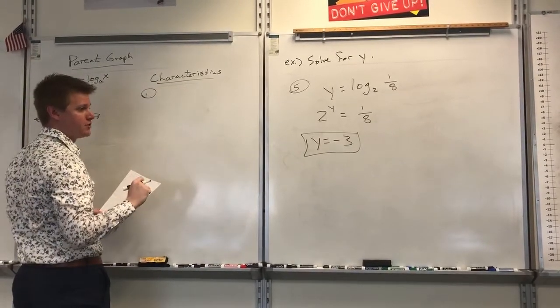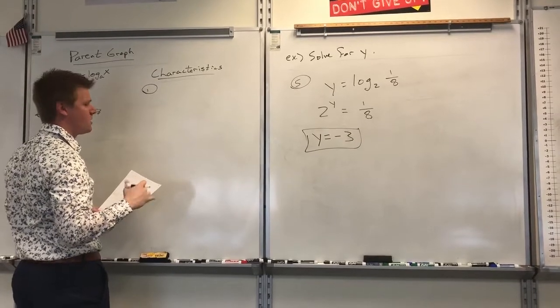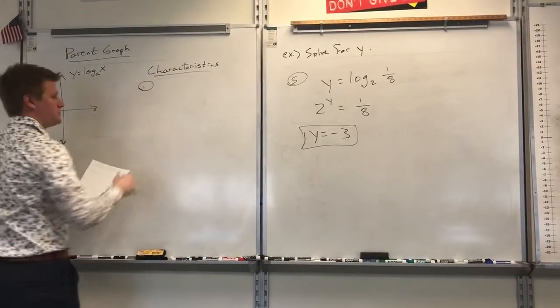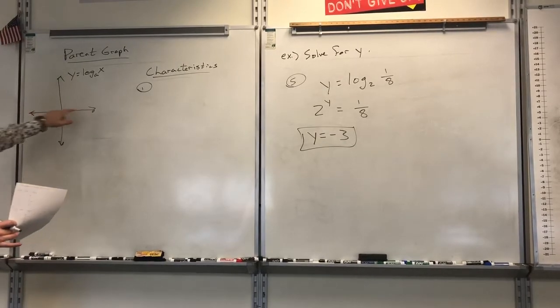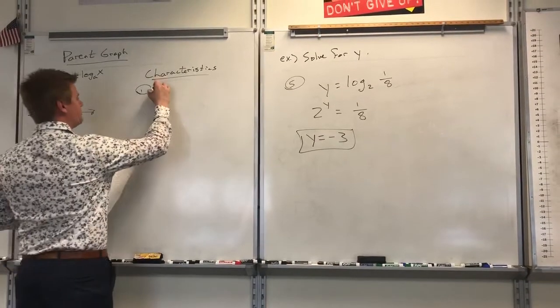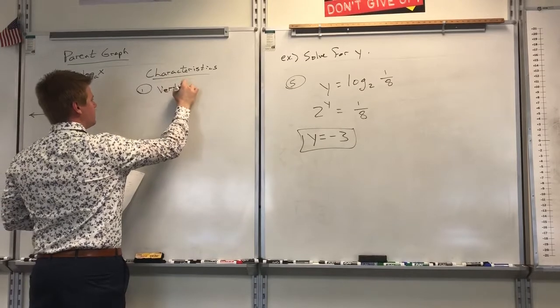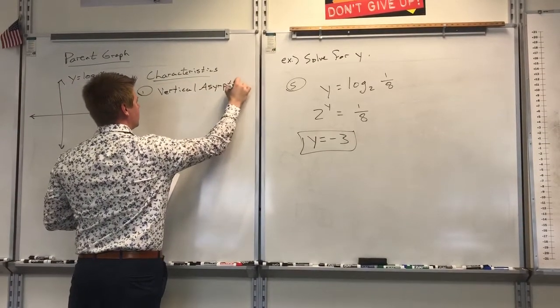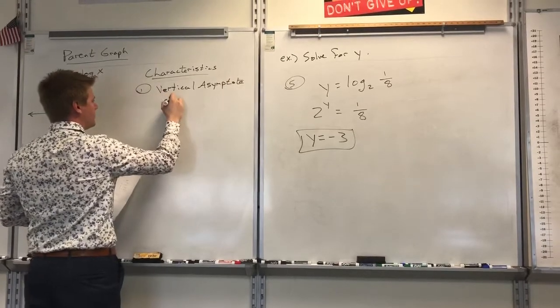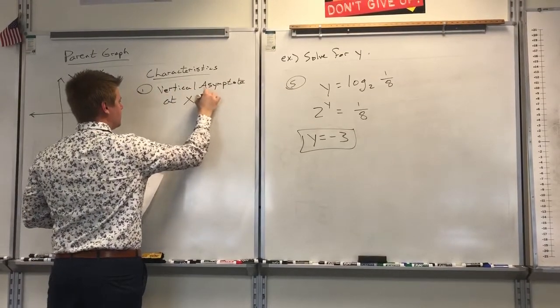With exponentials, I think the first thing I wrote was that there's a horizontal asymptote at y equals 0, the x-axis. Therefore, there is going to be a vertical asymptote at x equals 0.